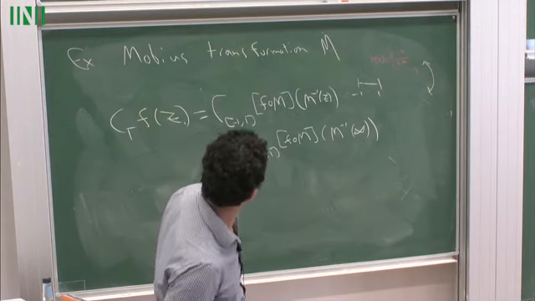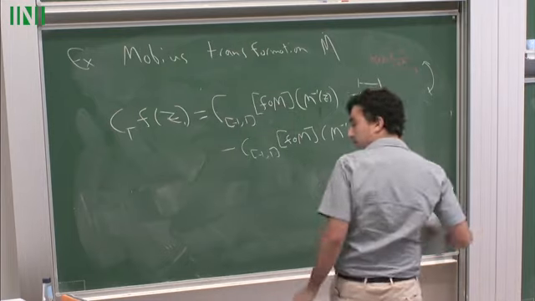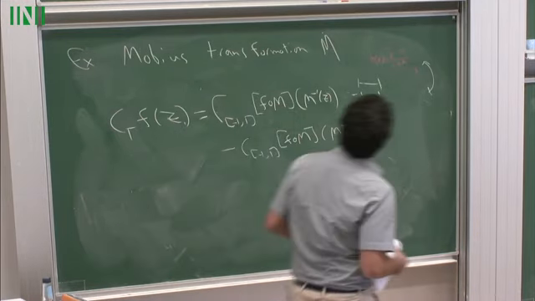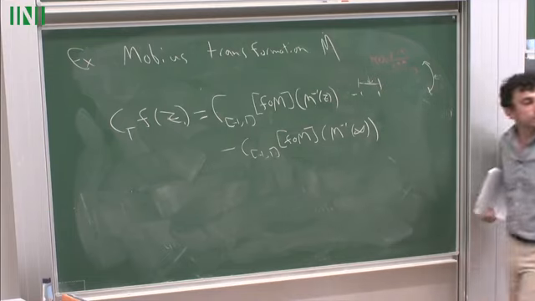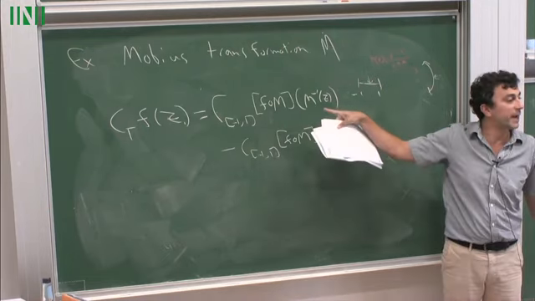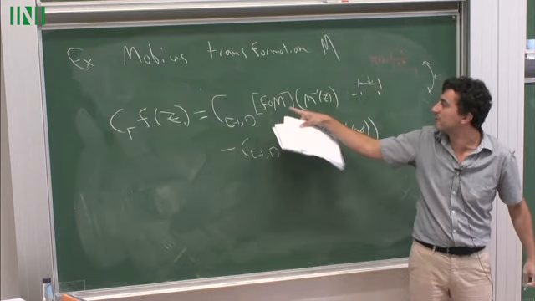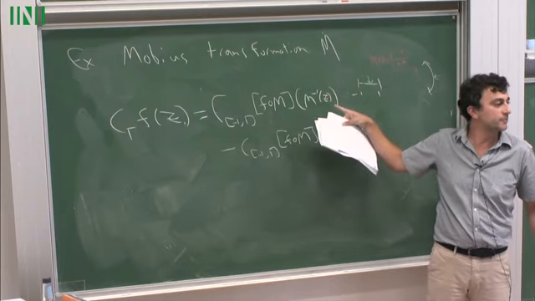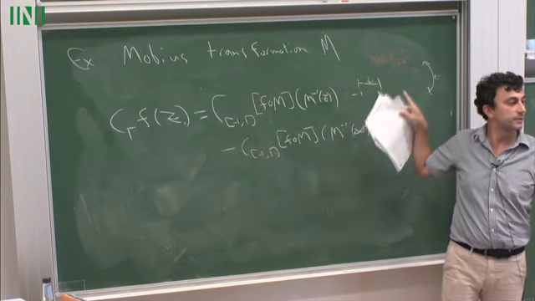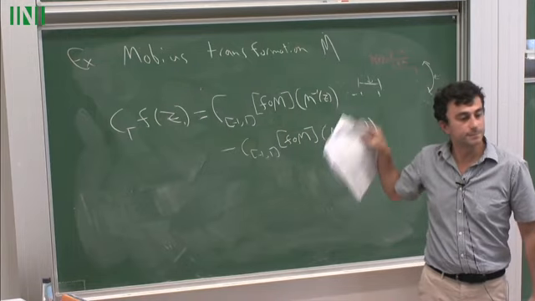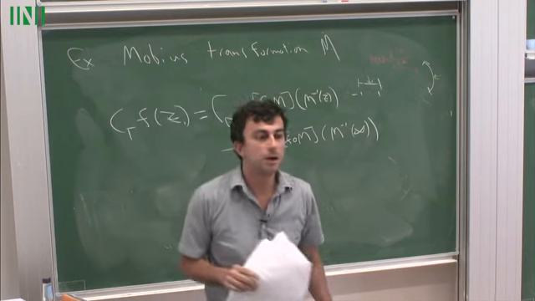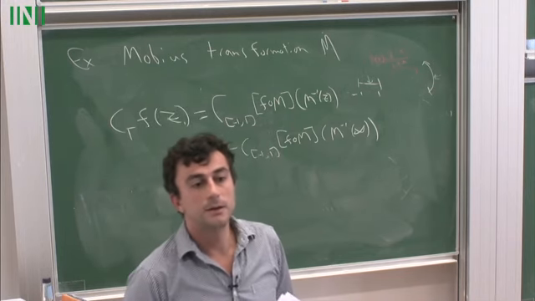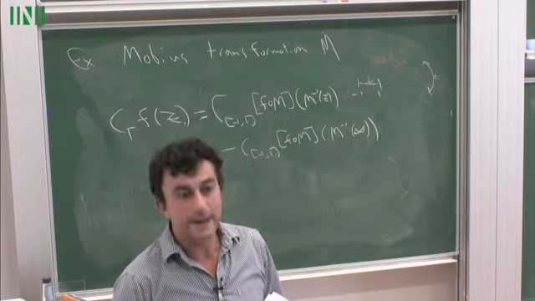And does it have the right jump? Well, yes, because if you take the limit from the left here, you get the limit from above there under the map. So when we take the difference, we get f circle of m evaluated at m inverse of s. We get back f of s. Okay. The last bit is just adding on a constant to make sure the point at infinity goes to 0. That's what you're doing. Yeah.